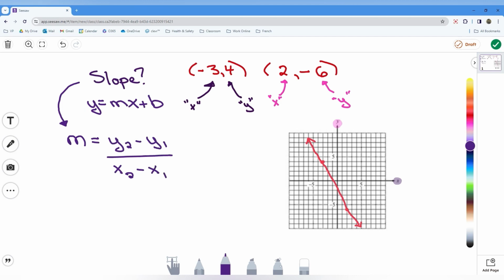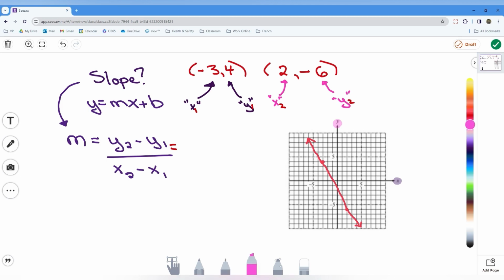As we started, we already had our x and y values. It doesn't matter which one you consider your first set and which one you consider your second set. So to not forget, sometimes it's helpful just to label these as our first values and these as our second values. And now we can substitute, that means replace these with our numbers.